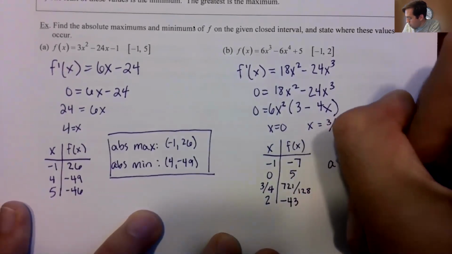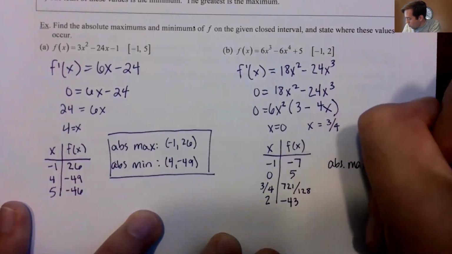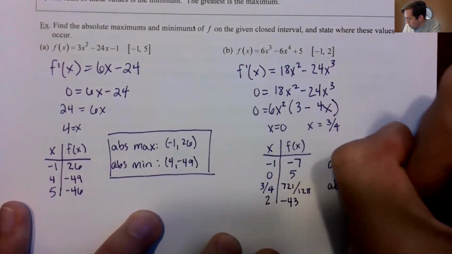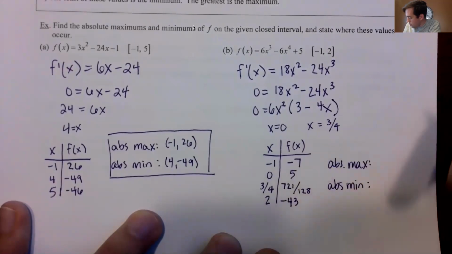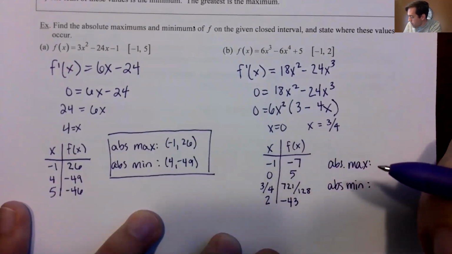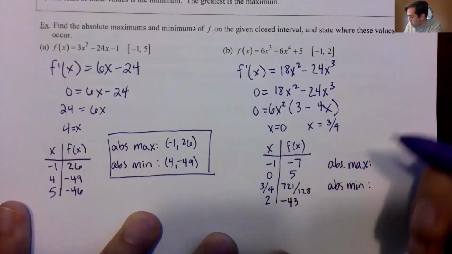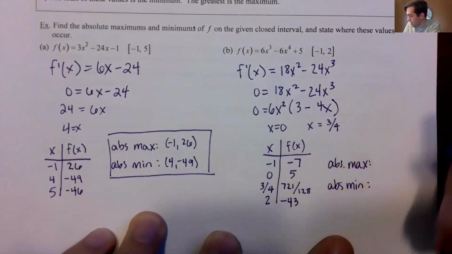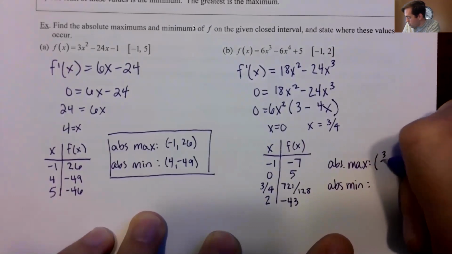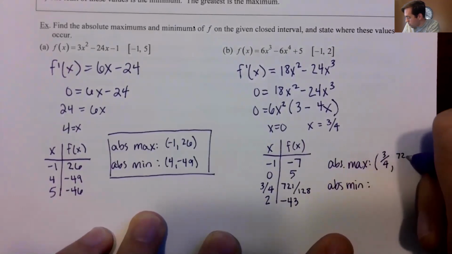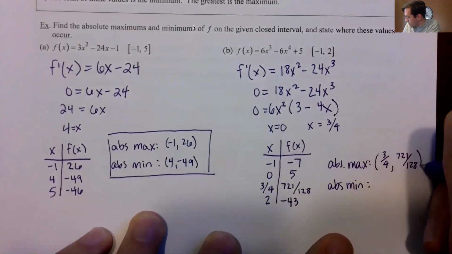So now we need to know what's the absolute max and what's the absolute min. And if we take a look at this, the largest y value occurs at 721 over 128. So that's going to be 3/4, 721 over 128.